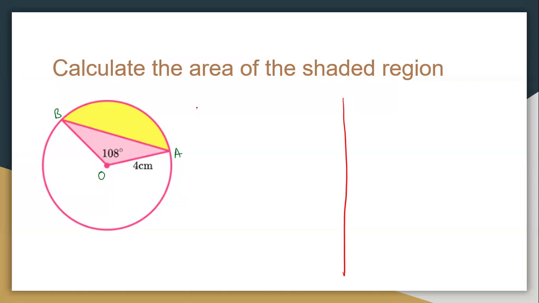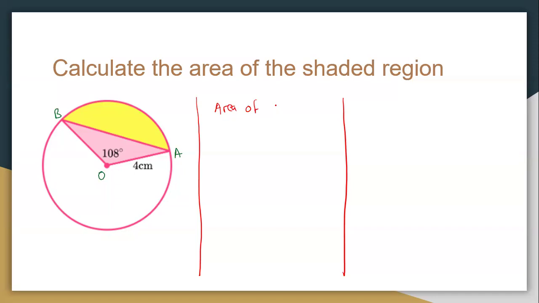We can start. I first said, find the area of the shaded region. We subtract the area of the segment minus the area of the sector, whereby the area of the sector is equal to theta over 360 times pi r squared.